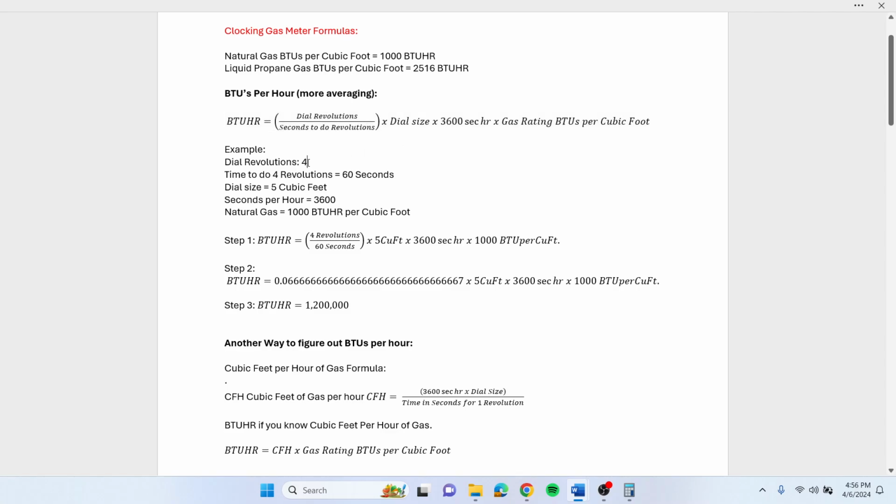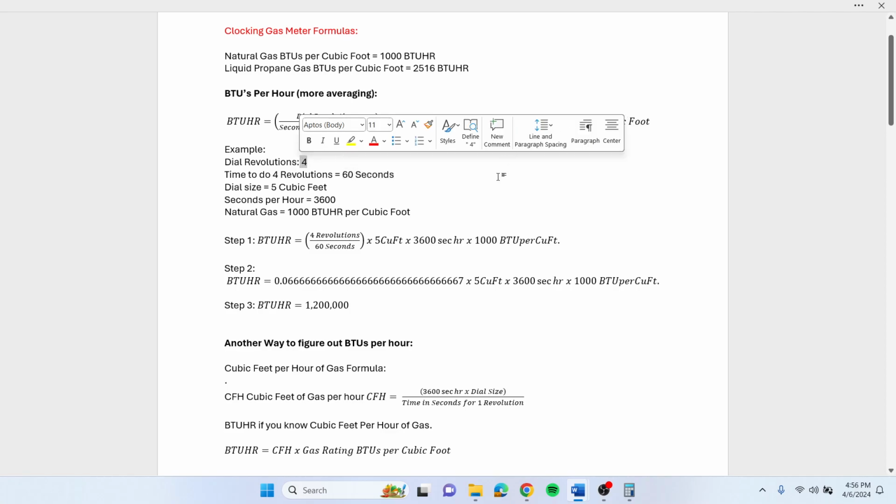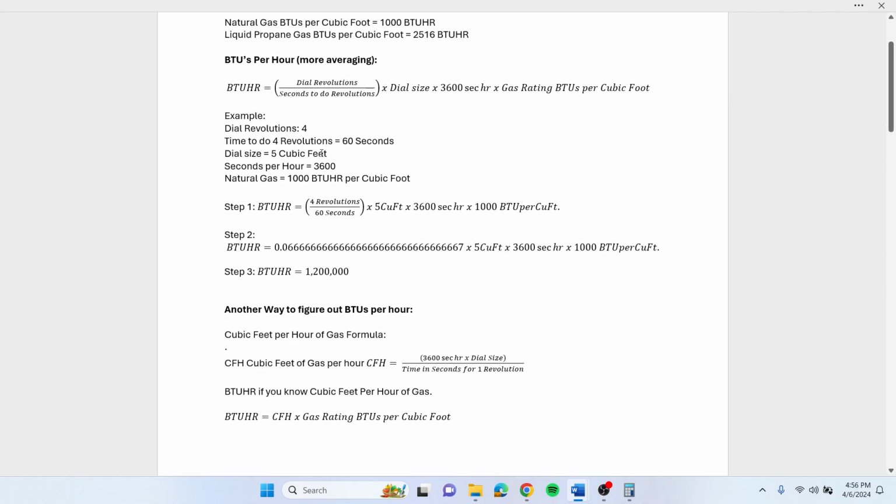For an example, say it took 60 seconds to do 4 revolutions, and we were using the 5 cubic foot dial. 3,600 is always 3,600, and then we're going to use natural gas. So we plug all that into the equation. 4 revolutions divided by 60 seconds times the 5 cubic foot dial times 3,600 seconds per hour times 1,000 BTUs per cubic foot of natural gas.